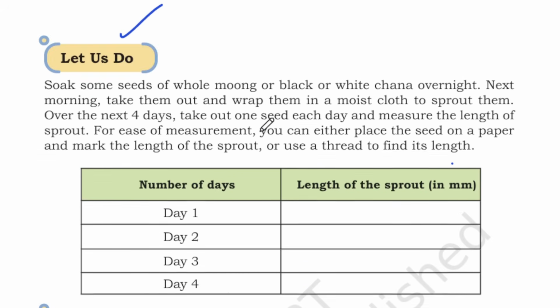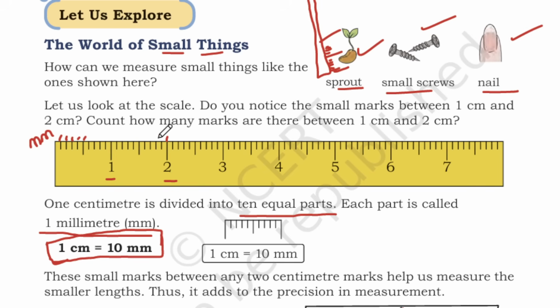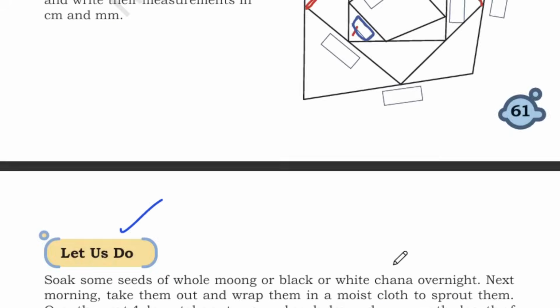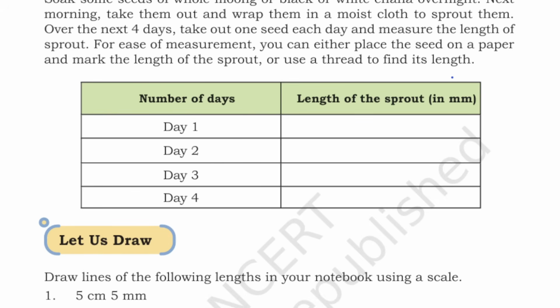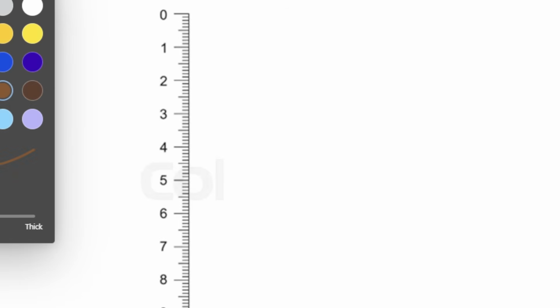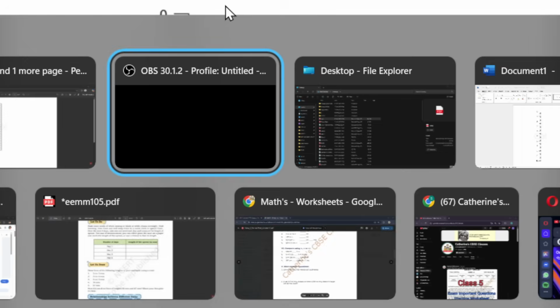Okay, what I'm going to do here, we have a scale. Give me 1 minute, students. I think I can explain this to you. Let me take a scale. Okay, I have taken a scale here. So I'm going to do, let me make day 1. I'll mark here. Is it visible? Yes.